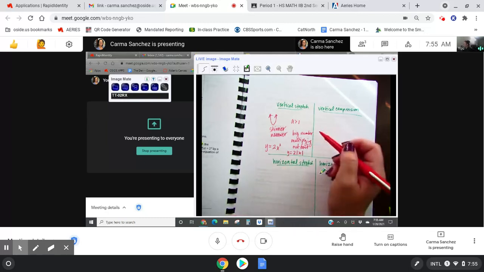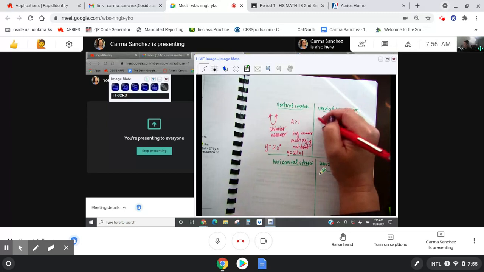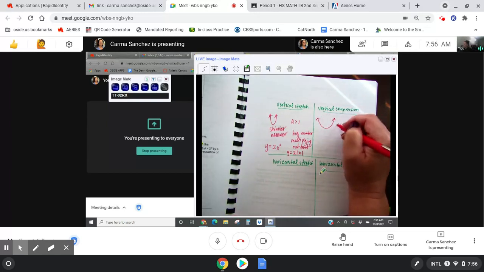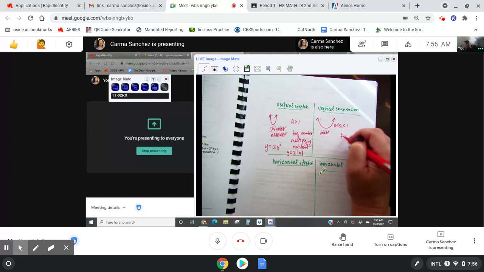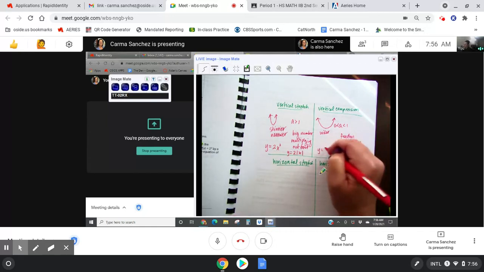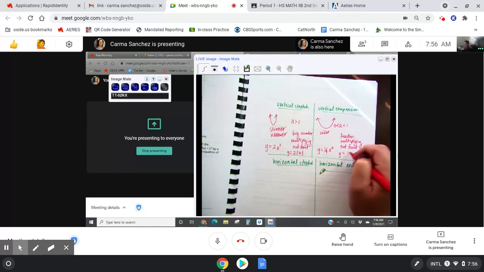Vertical compression is the opposite. It's a wider graph where the A value is in between 0 and 1. That means we're going to have a fraction multiplying out in front. So you might see y equals 1/9 x squared, or y equals 1/9 absolute value of x, etc.